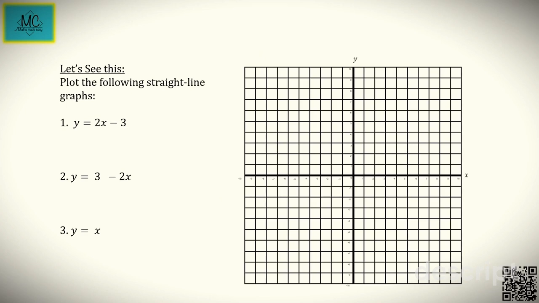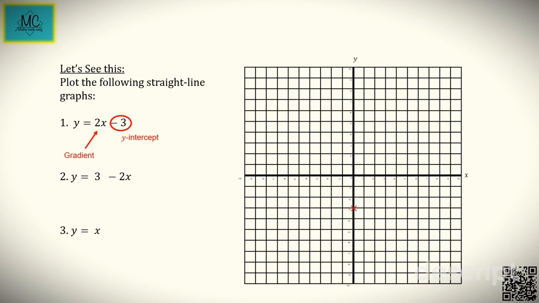Okay, let's see the plots of the following straight line graphs. Now here y is equal to 2x minus 3 is the first one given to us. This is a linear equation in the form of y is equal to mx plus c, which means m is the slope or gradient, you can say, and c is the y-intercept. In this case, minus 3 is the y-intercept and 2 is my gradient.